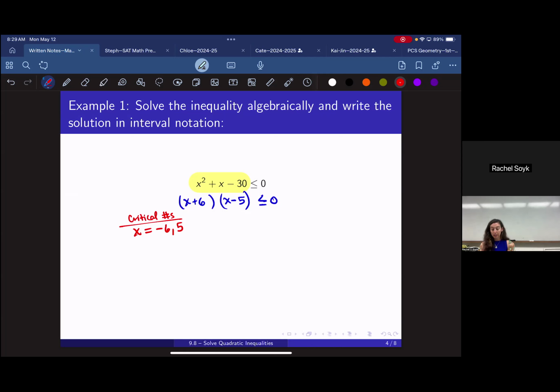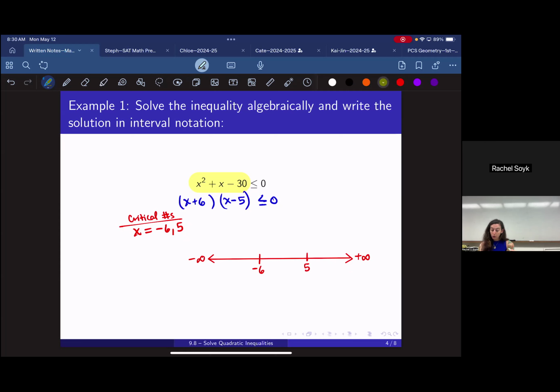Which leads us to our next step where we create our number line in order to test these values. More specifically, test the ranges between these values. We have between negative infinity and negative 6. We have between negative 6 and positive 5. And we have between positive 5 and positive infinity.